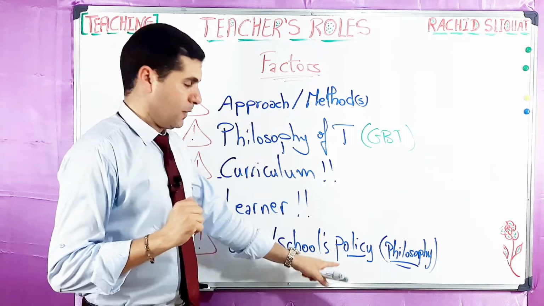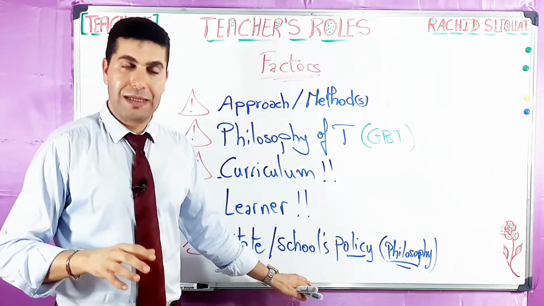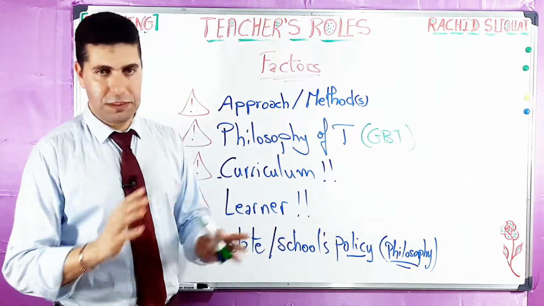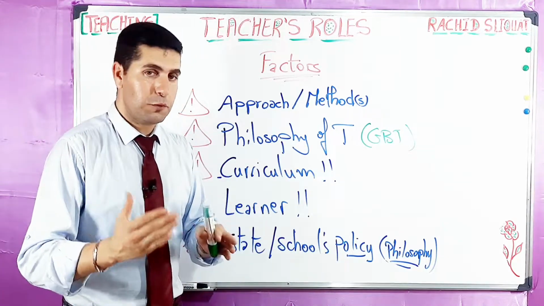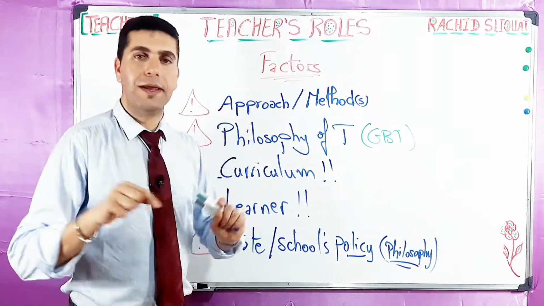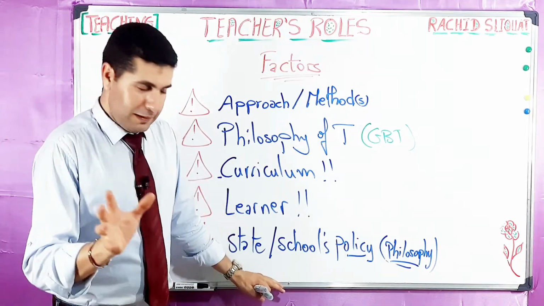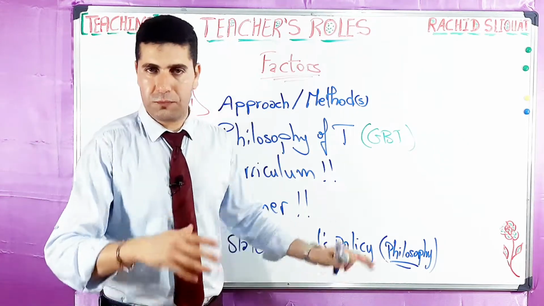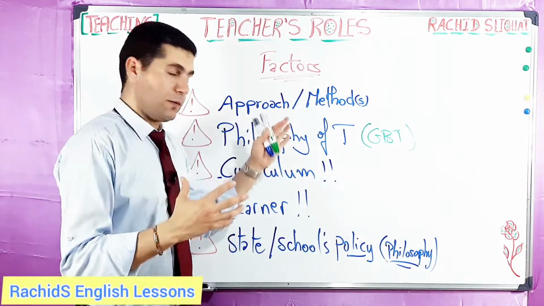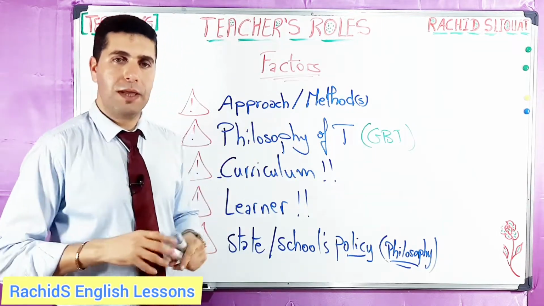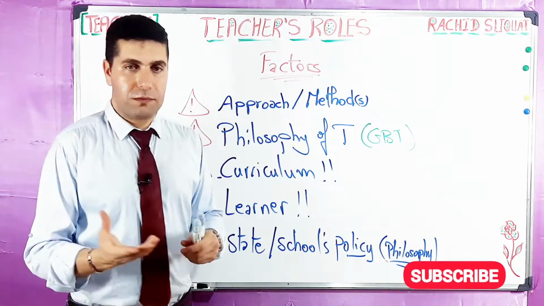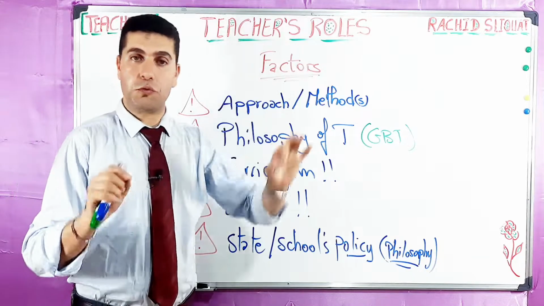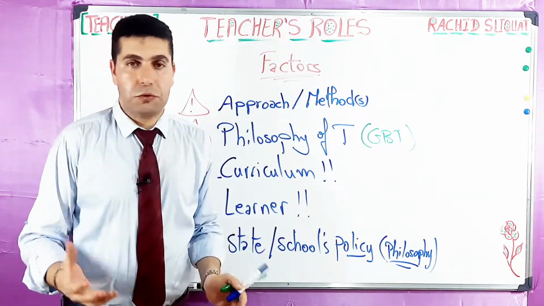If, for example, the policy or philosophy of teaching of the school or state is to have a very small number of learners in each group, this will also change your role in the classroom. So this is only an example. So state or school or government policy or philosophy of education in general affects to a far extent your role in the classroom. So these are some examples of factors that affect your role in your classroom teaching.